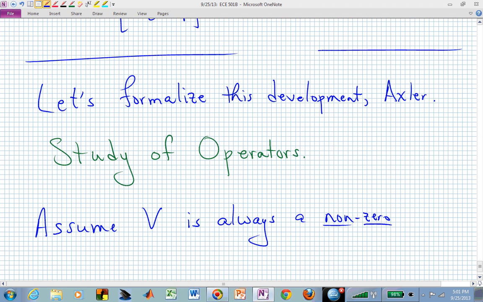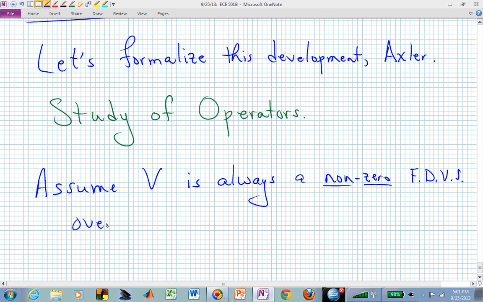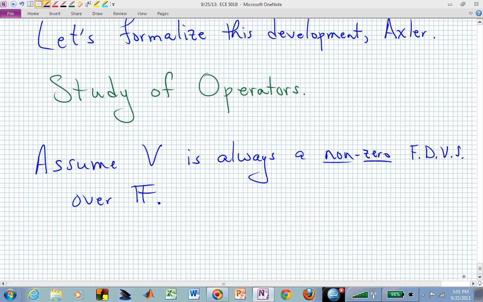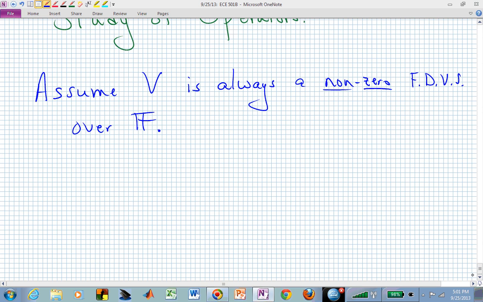So we're assuming V is always a non-zero finite dimensional vector space. But we are allowing for either the field to be real or complex over F. And with that, we can get into the heart of the class.